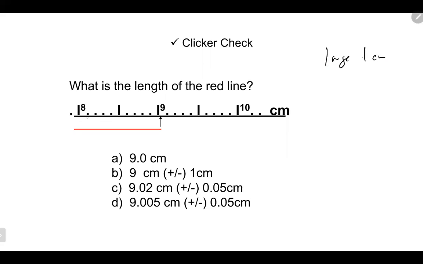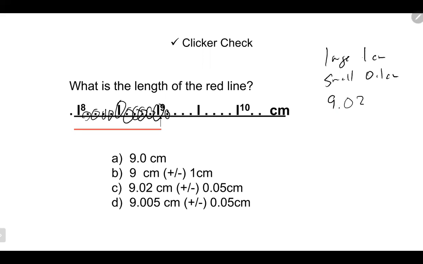We have, again, if we count it, 1, 2, 3, 4, 5, 6, 7, 8, 9, and 10 markings between them, which means once again here our small markings are going to be 0.1. Just past the 9, which means for sure it is 9, and it's not exactly 9.1, so it's got to be less than that.